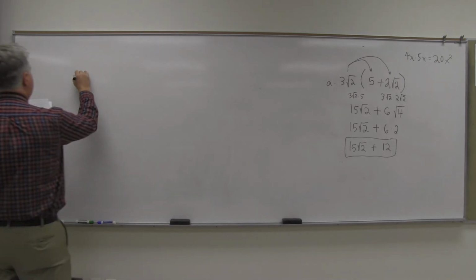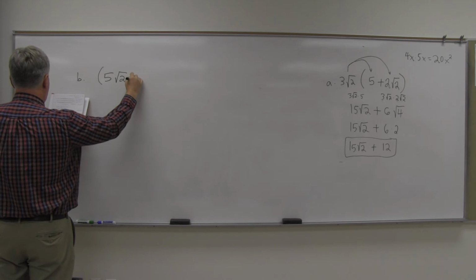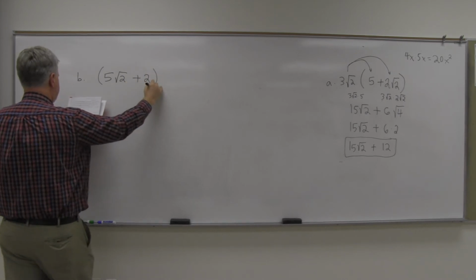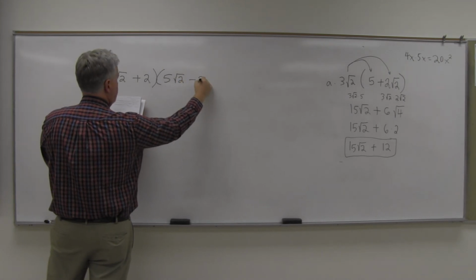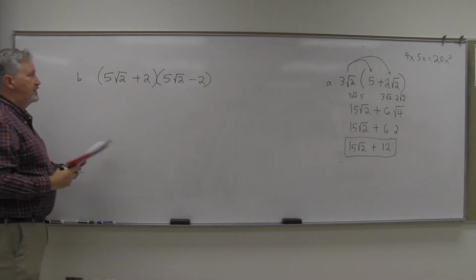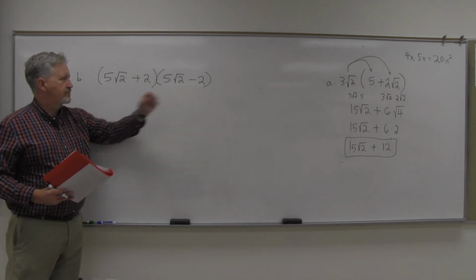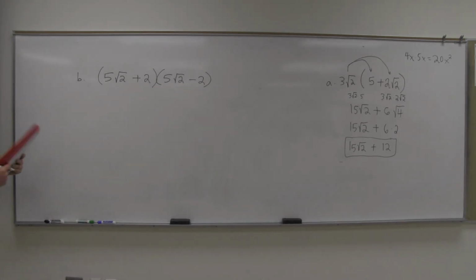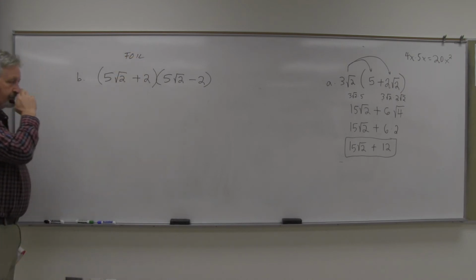So B has parentheses 5 square root of 2 plus 2, parentheses 5 square root of 2 minus 2. So this is FOIL, isn't it? This is where we would FOIL, because you've got basically binomials, two terms in each one. And we just went through one of those.